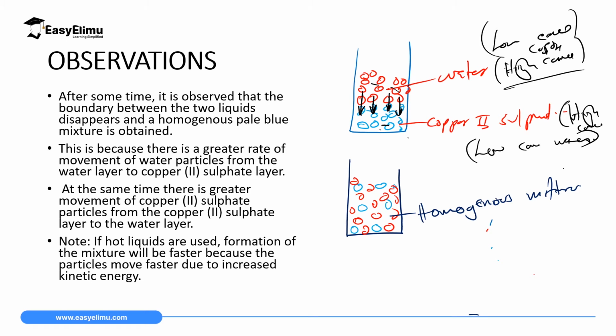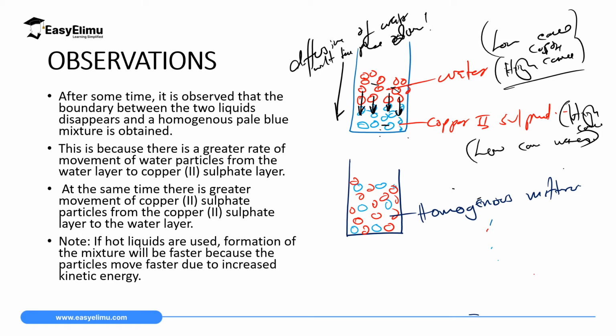After some time, water will move from up where it is highly concentrated to where we have copper 2 sulfate, where there is low concentration of water. So here, diffusion of water will take place downward.